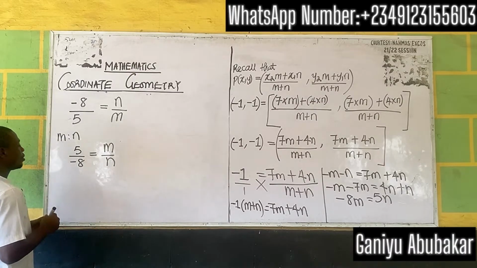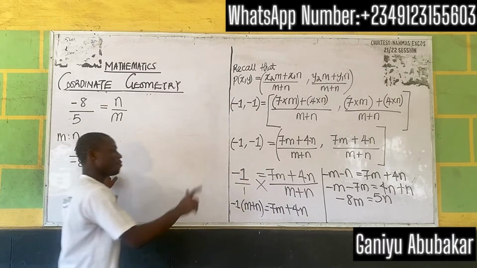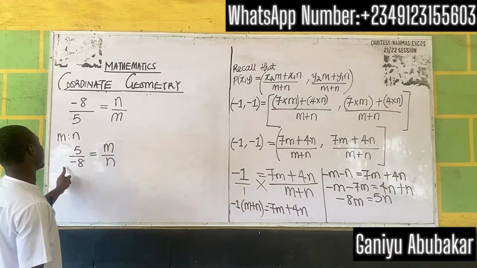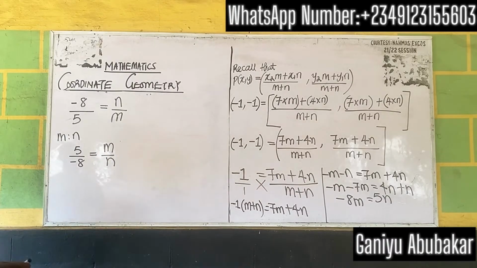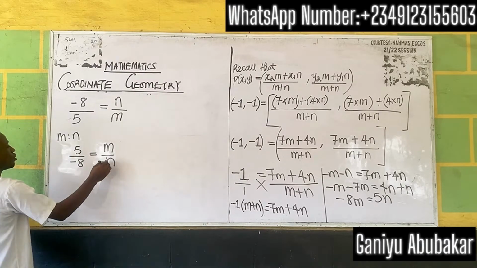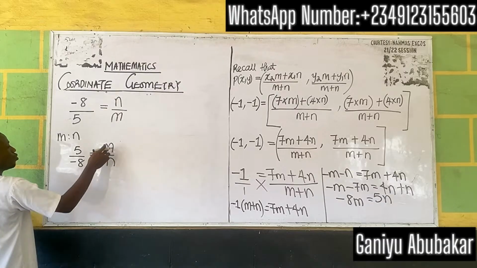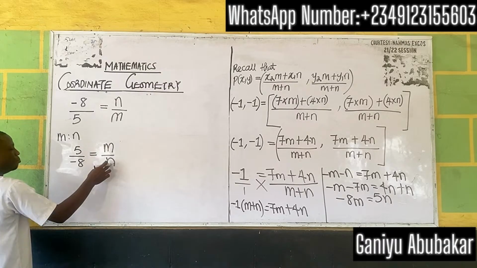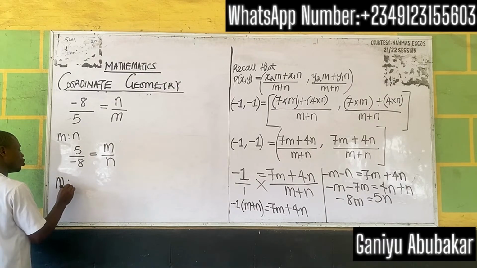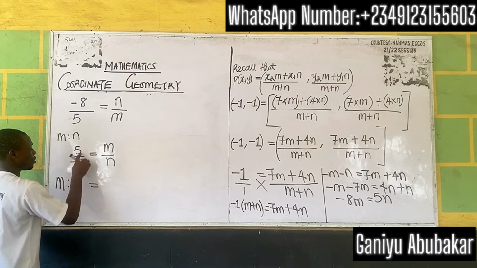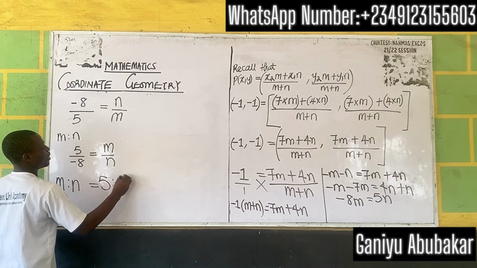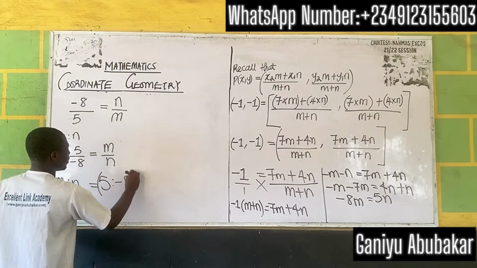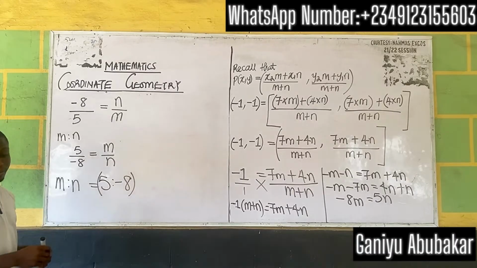So same thing, 5 times n gives you 5n, m times -8 gives you -8m. So it means that my ratio m to n, so m over n means m ratio n, and it's equal to what? 5 ratio -8. All right, this is the ratio of m and n.